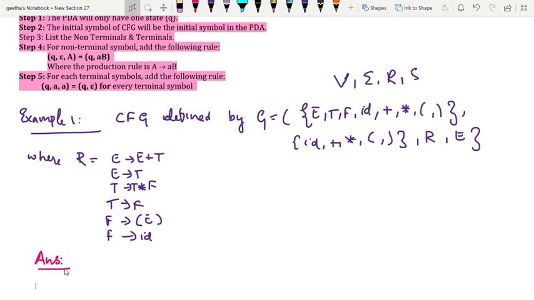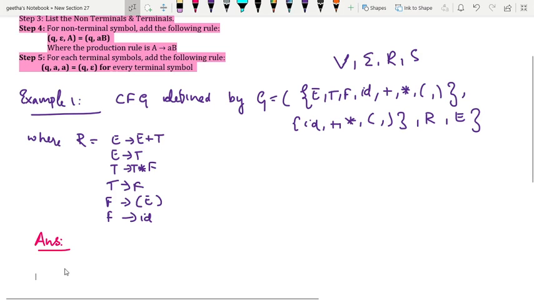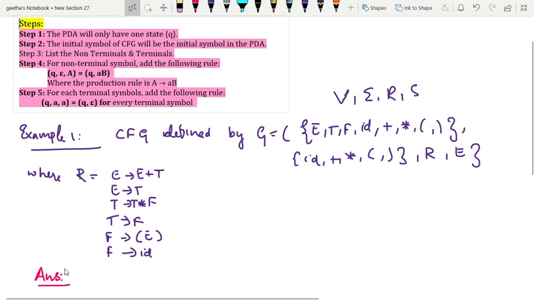As I said, first I know that the PDA will have only one state Q, and the initial symbol of the CFG will be the initial symbol of the PDA also. The start symbol of this entire CFG is E, isn't it? So the start symbol of the PDA also will be E.